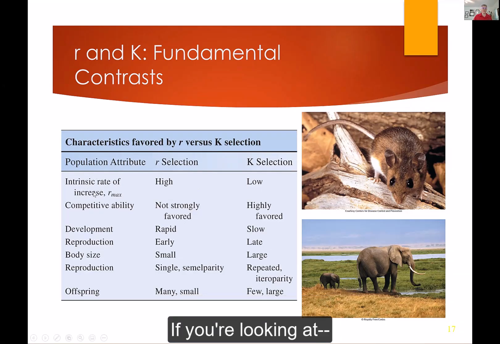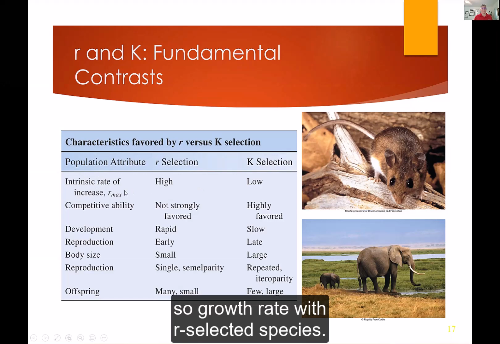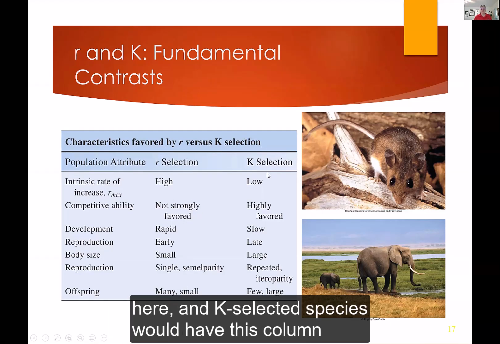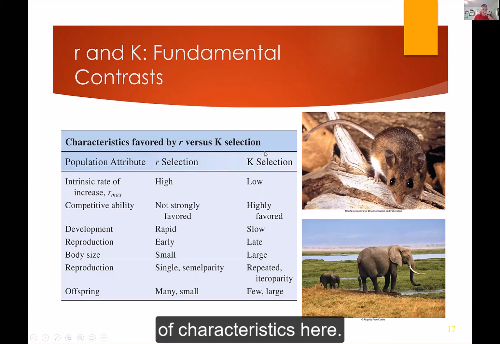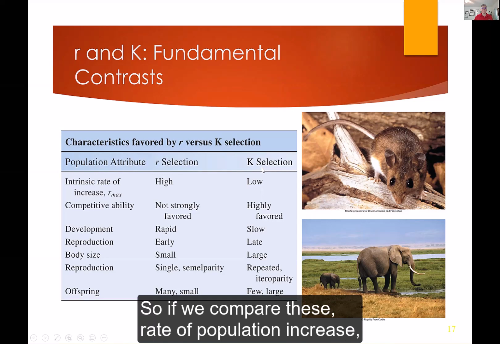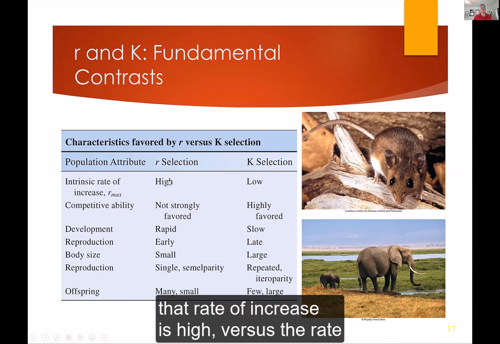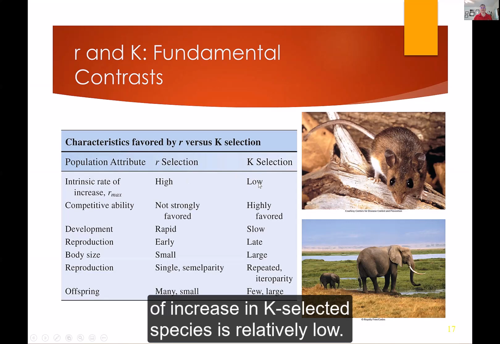So R selected species would have this column of characteristics here, and K selected species would have this column of characteristics here. So if we compare these, rate of population increase, you're going to see with R selected species that rate of increase is high, versus the rate of increase in K selected species is relatively low.